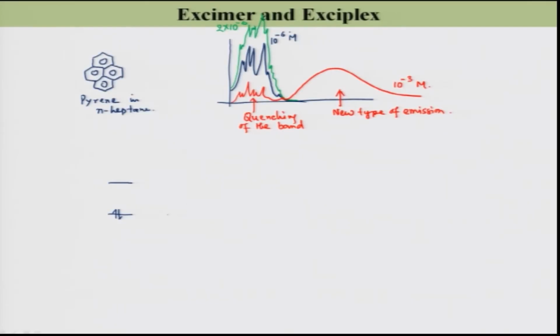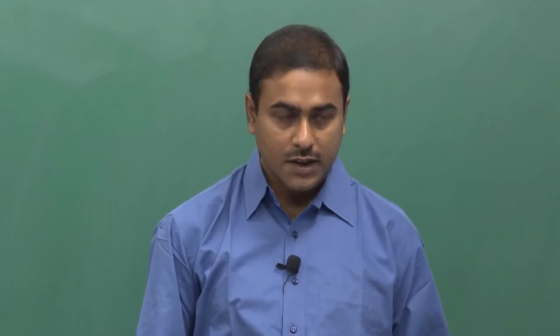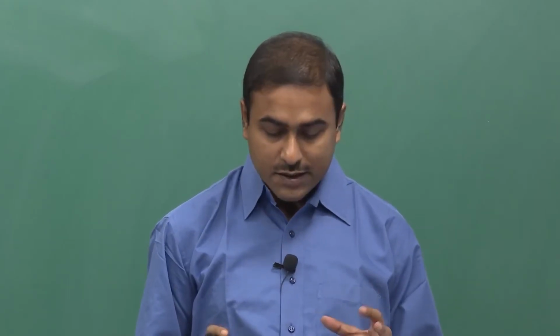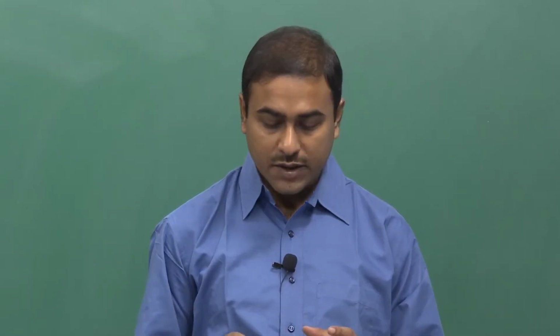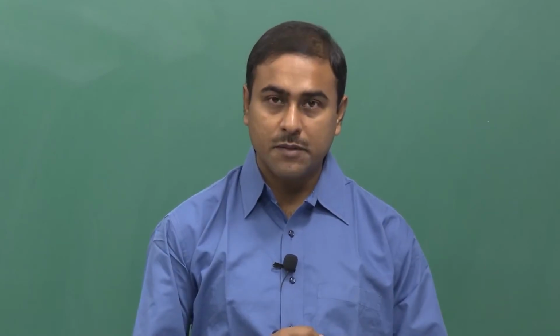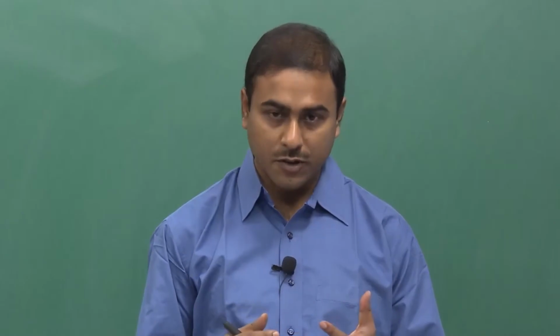And you have another pyrene, and this other pyrene is also in the ground state, both electrons occupied in the HOMO. Now, consider that these two pyrene molecules are interacting with each other. Then their orbitals will mix up and I will get completely different molecular orbitals.